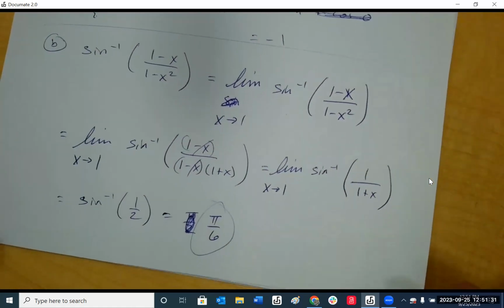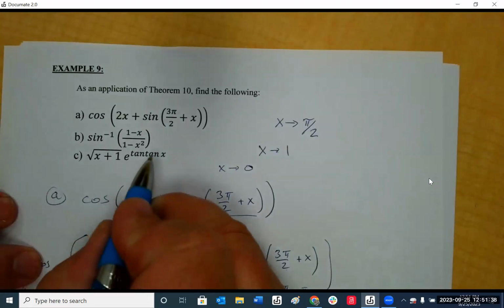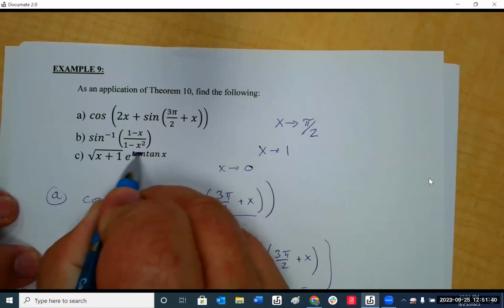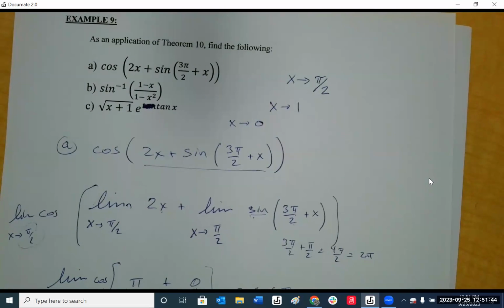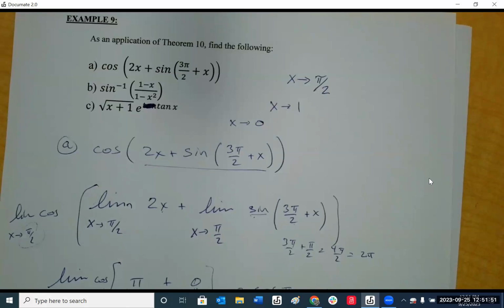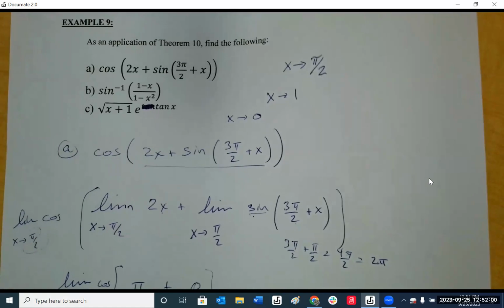And the third one is the radical of x plus 1 times e to the power of tangent x, not tangent x. This is tangent x. Let me write that down.